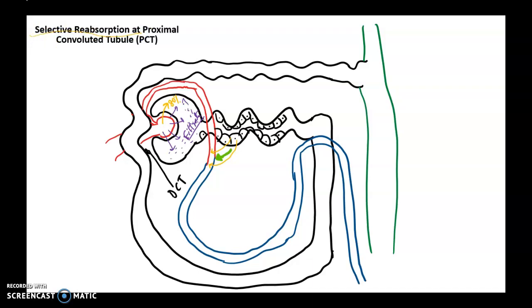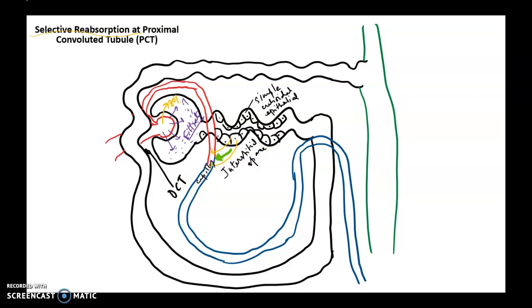Before we go into details, first I want you to notice that the proximal convoluted tubule is lined with simple cuboidal epithelial cells, right? And then the materials that are being transported via these simple cuboidal epithelial cells will actually pass the interstitial space, and then eventually enter the capillary, right?